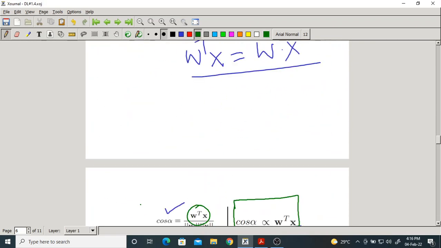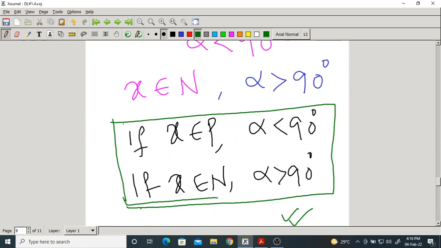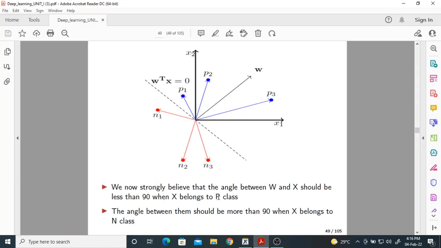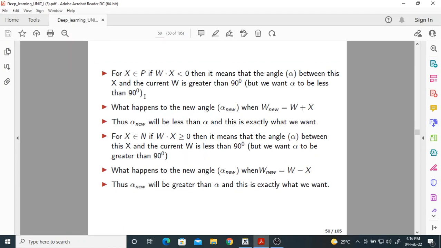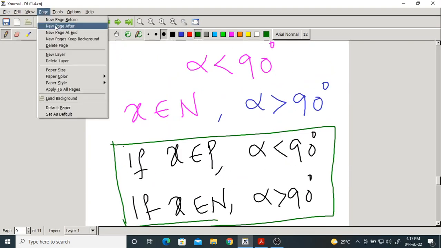Case 1, case 2. Now what is exactly happening in case 1 and case 2? Let us look at them. In case 1, X belongs to P and the dot product is less than 0. It means that the angle between X and W is greater than 90. Okay, let me write here for your understanding purpose.